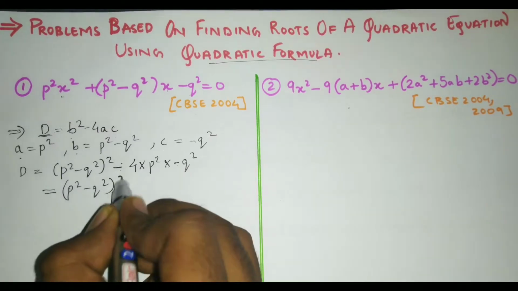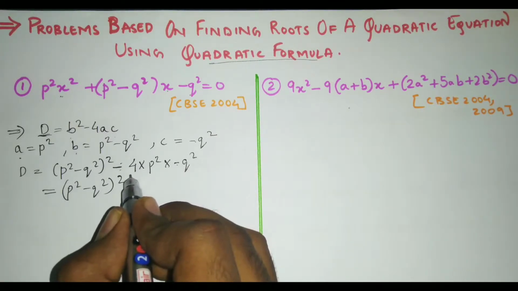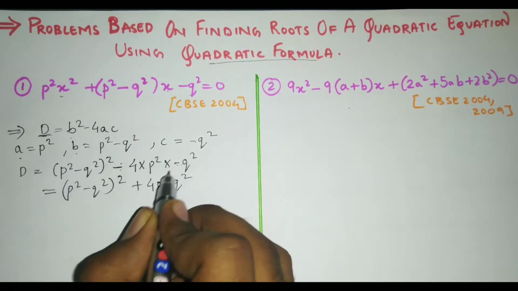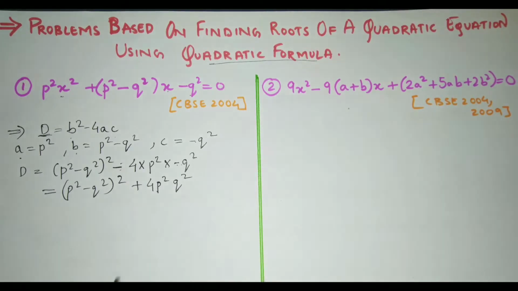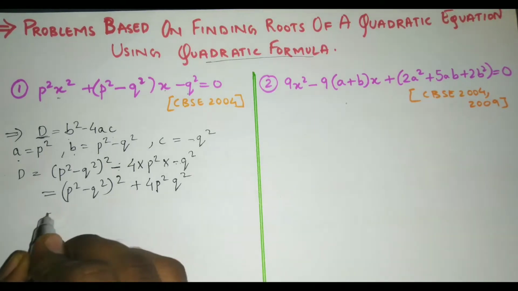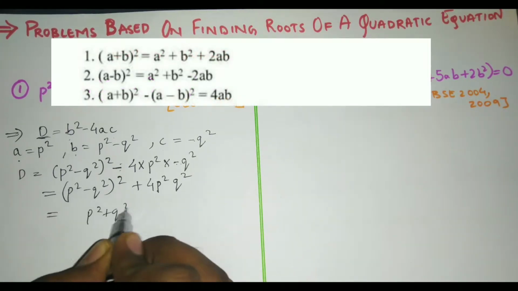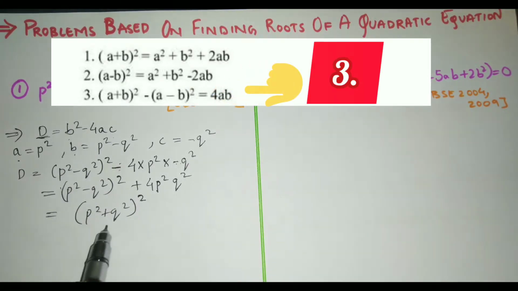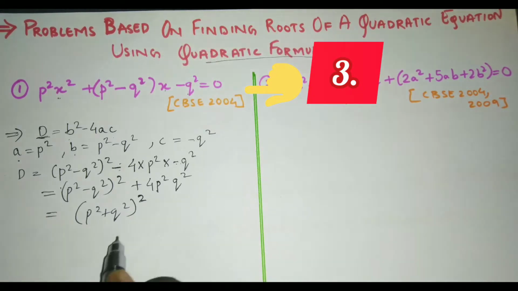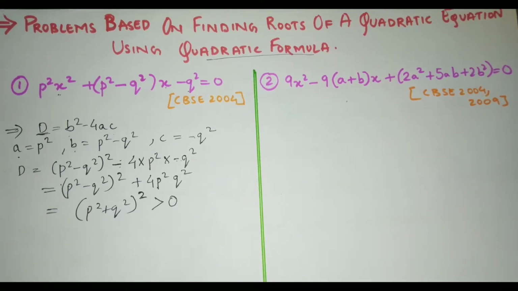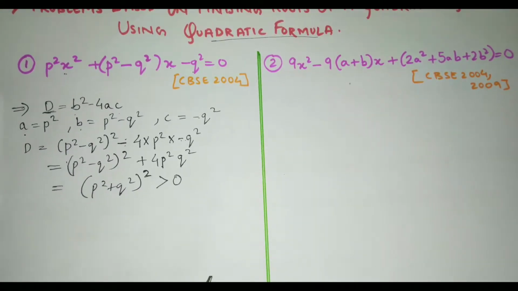This minus becomes plus 4 p square q square, since minus into minus becomes plus. Can we write this in the form of p square plus q square the whole square, right? So this whole thing is in the form of p square plus q square the whole square. Which is greater than or equal to 0, because a square term is always greater than or equal to 0. So we can say that the given equation has real roots.